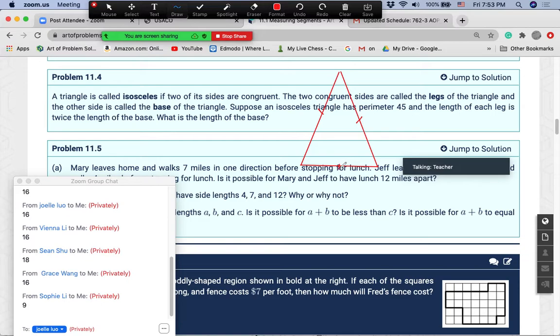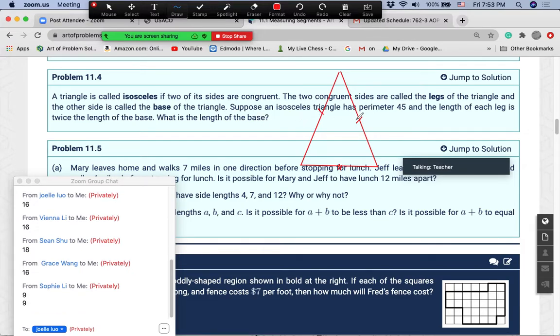This one is the base, right? The isosceles triangle has the perimeter 45, and each leg is twice the base. Suppose the base is B, then these will be 2B, 2B. Then they ask you what is the length of the base.